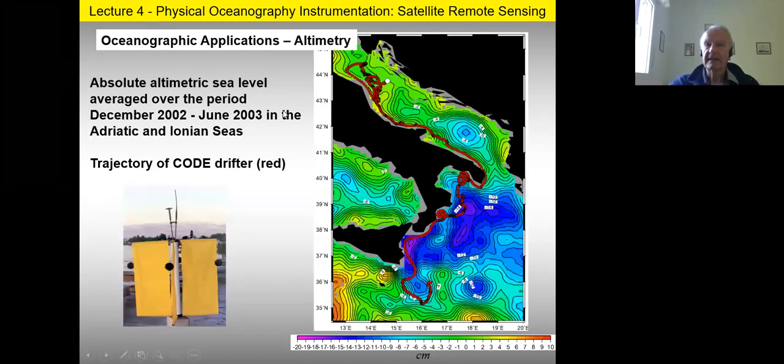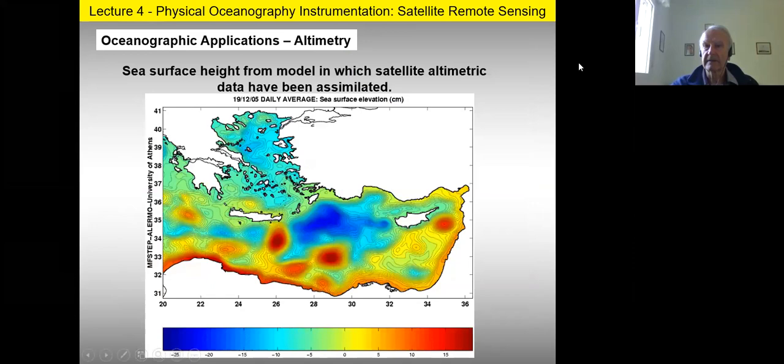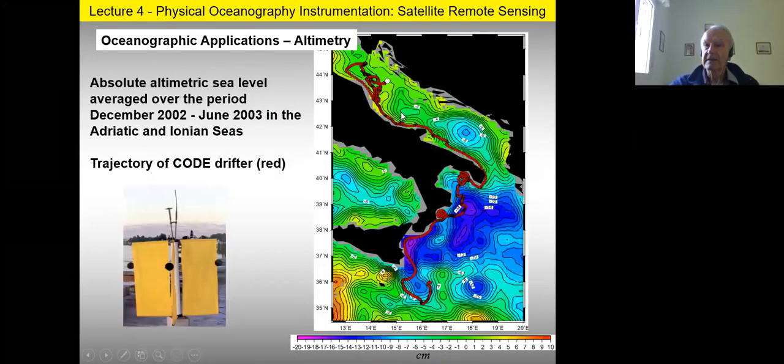This is the absolute altimetric sea level averaged over a period of 6 months. This reddish line is the trajectory of a drifter which was deployed here.